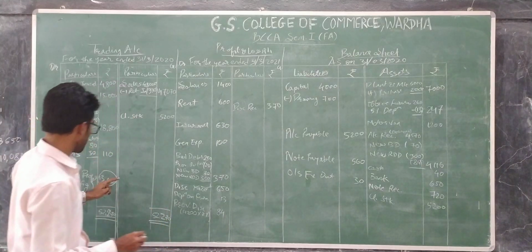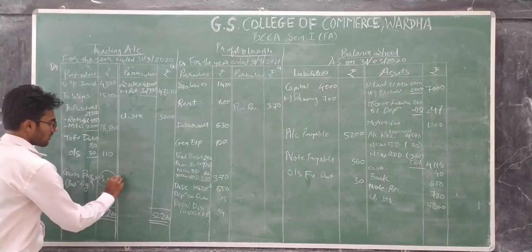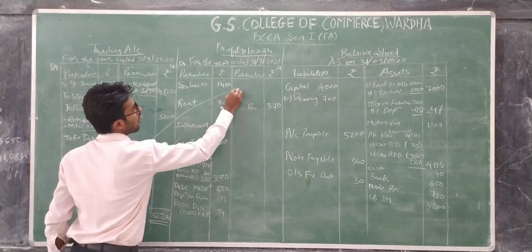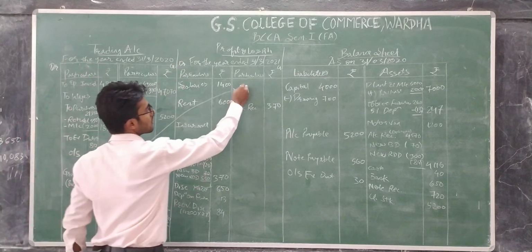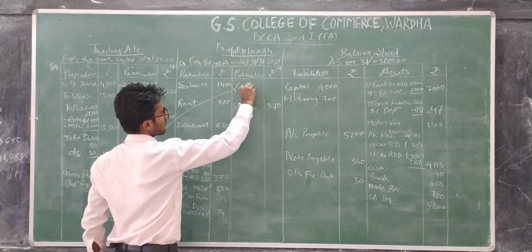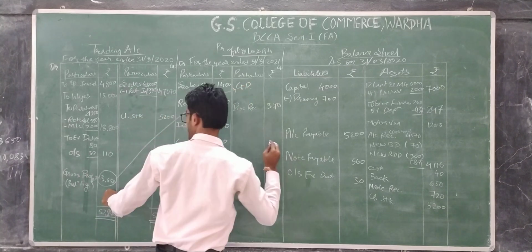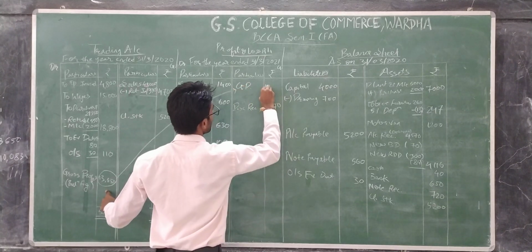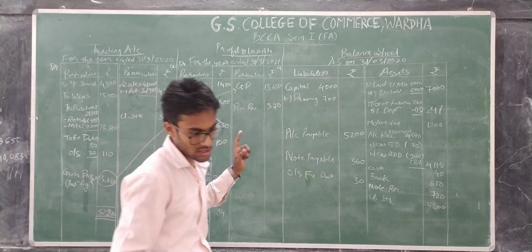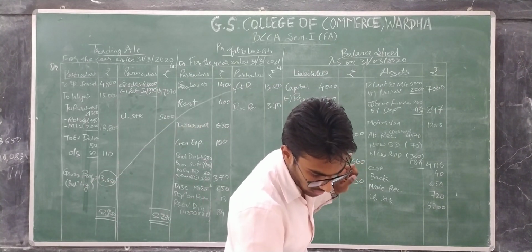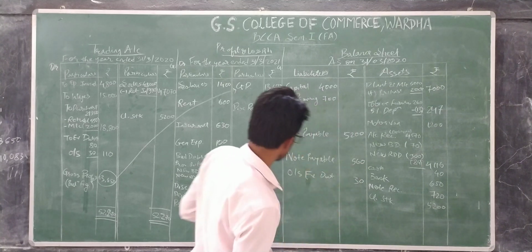balancing figure, and this I have to shift to the credit side of the P&L account. So I have to write here gross profit. Gross profit is rupees 13,650, and the total of this will become 13,930.